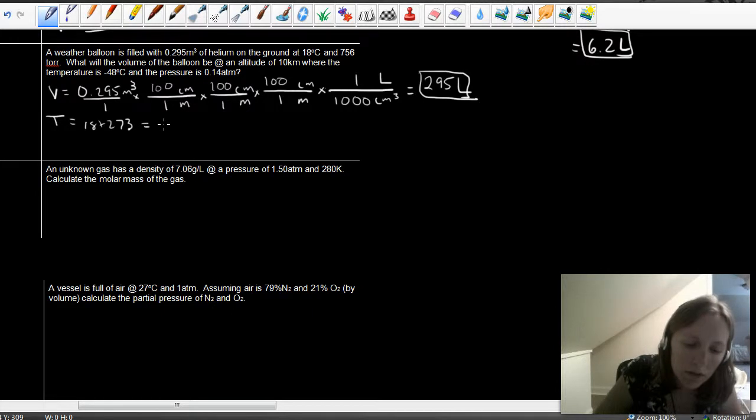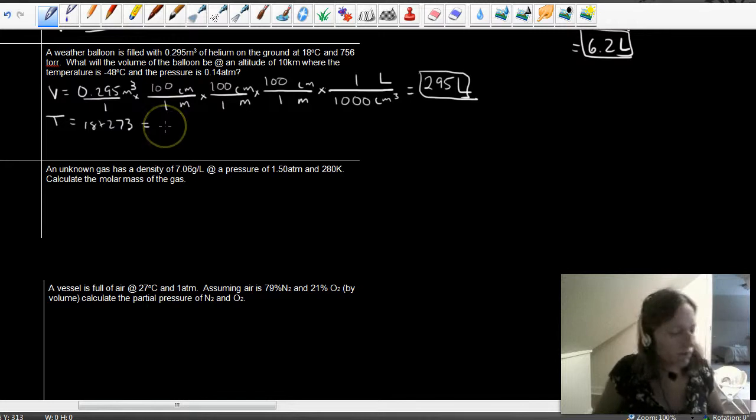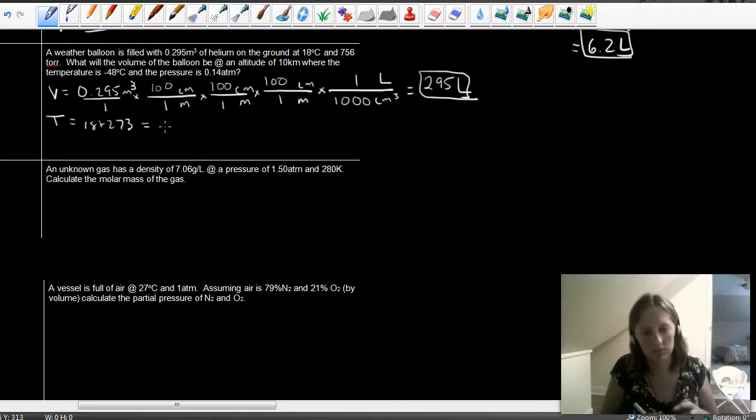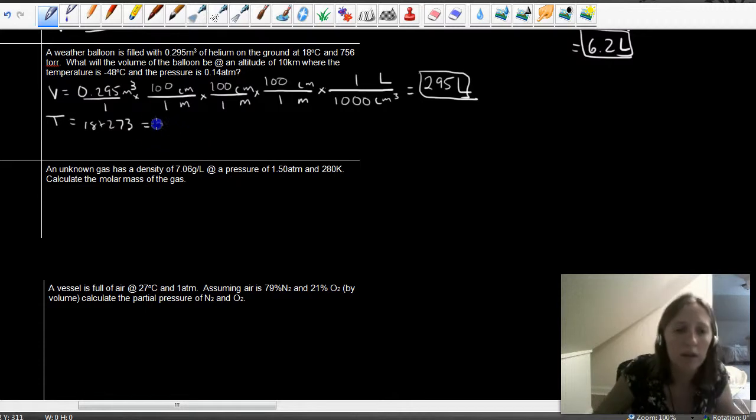Seriously, brain. 291. How about that? 291, and that's in Kelvin, and we've got pressure, which is in torr, and so you've got to divide that by 760 to get atmospheres.